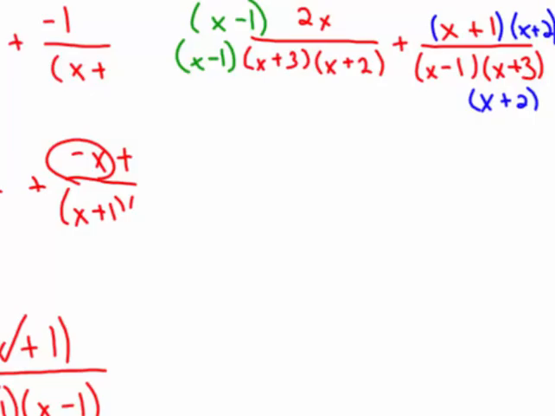I'm going to go ahead and multiply the tops out. The bottoms are going to stay as x minus 1, x plus 3, x plus 2. When I multiply the tops, I get 2x squared minus 2x. The bottoms stay the same.